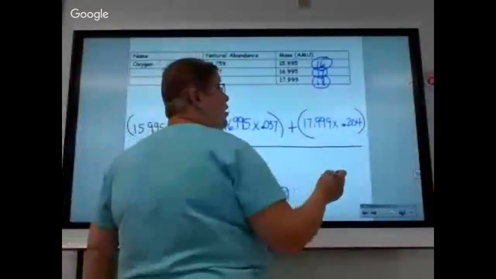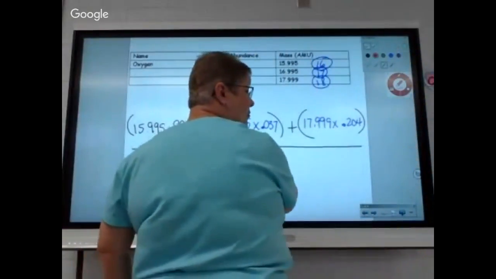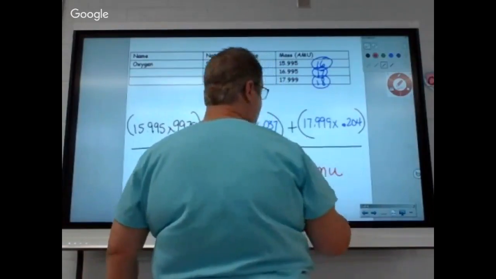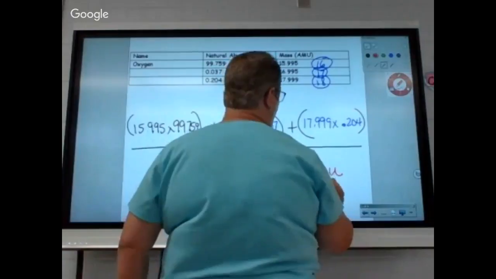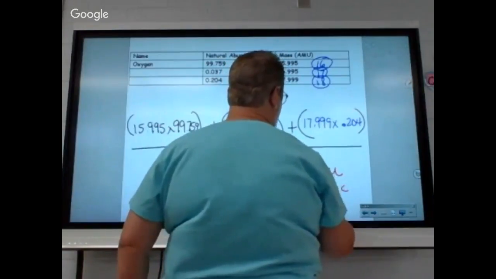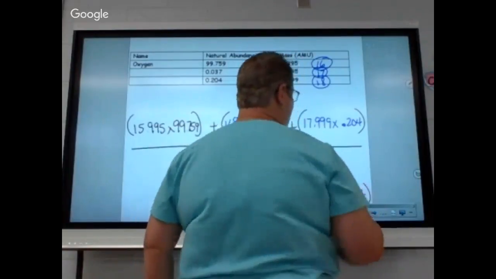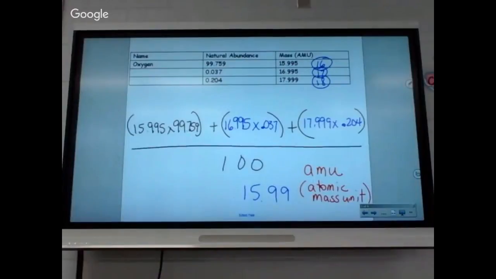All right, now, a new unit for us. We haven't done one of these. The unit that we're going to use for atomic mass is AMU. You're going to love what it abbreviates for. It stands for Atomic Mass Unit. And scientists decided AMU was too long, so they abbreviated it.